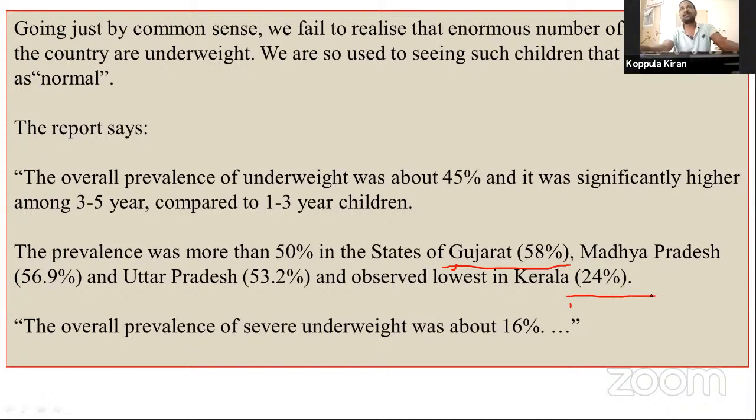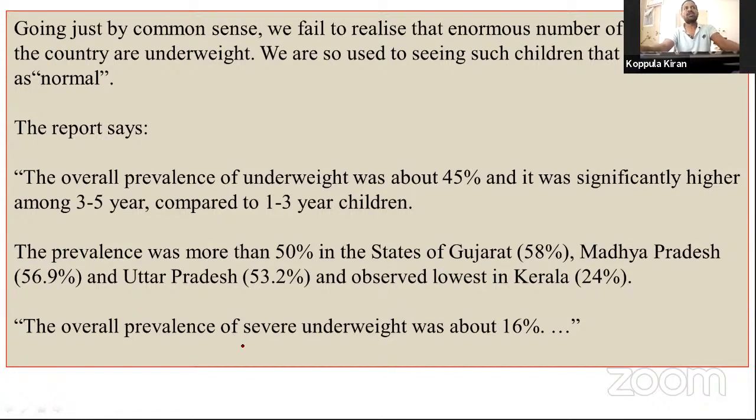Most of the underweight children are located in Gujarat. Next, Madhya Pradesh, Uttar Pradesh. So particularly in these states, children are not taking sufficient nutritional food.